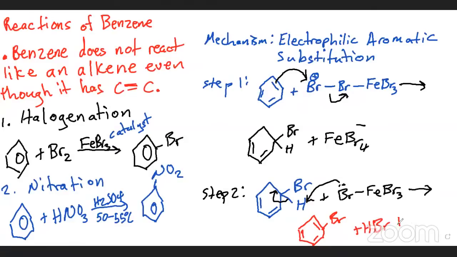Plus, you get back your catalyst, which is FeBr3. So this mechanism is just 2 steps. Sorry, I said FeBr3, no, it's FeBr4. Just hold on, where's the marker? So right here we have FeBr4. This bromine comes off.